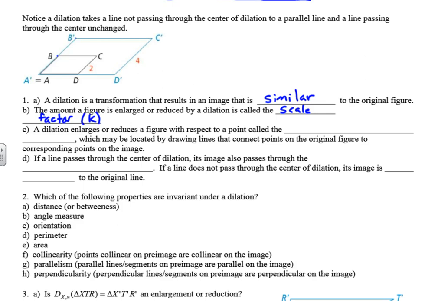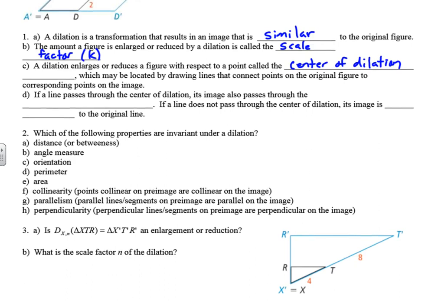A dilation enlarges or reduces a figure with respect to a point called the center of dilation, which may be located by drawing lines that connect points of the original figure to corresponding points on the image. If a line passes through the center of dilation, its image also passes through the center of dilation. If a line does not pass through the center of dilation, its image is parallel to the original line.